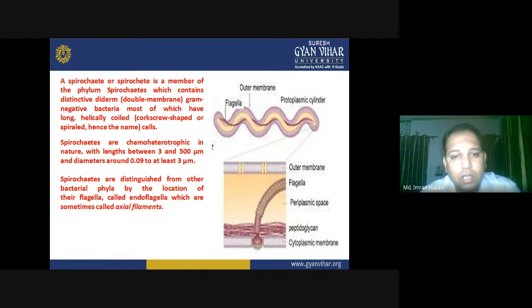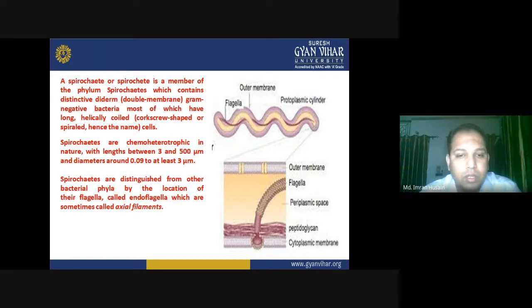Spirochetes are chemoheterotrophic in nature, with lengths between 3 to 500 micrometers and a diameter of 0.09 to at least 3 micrometers.